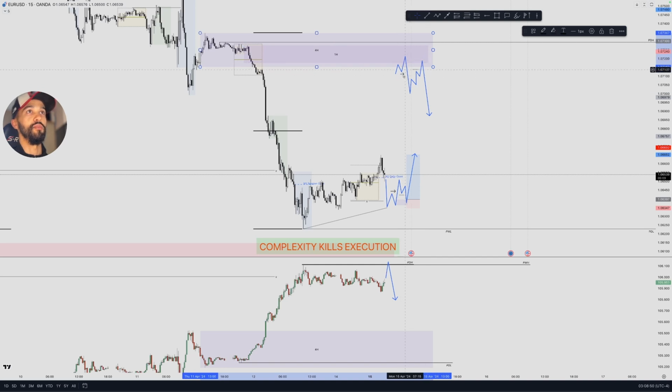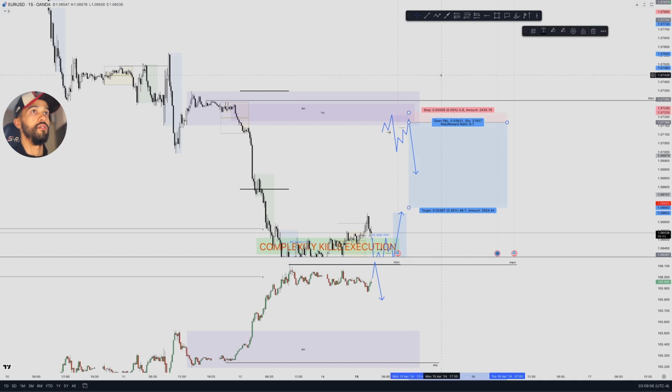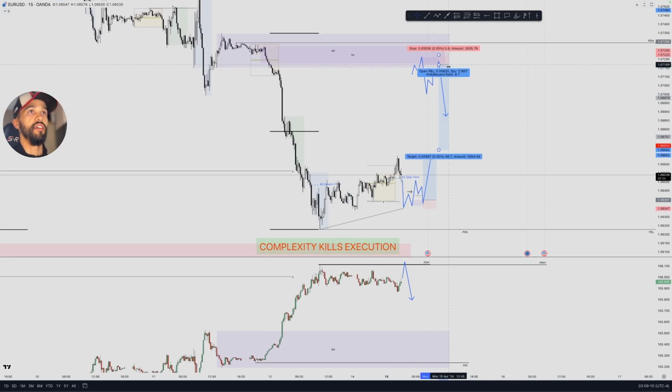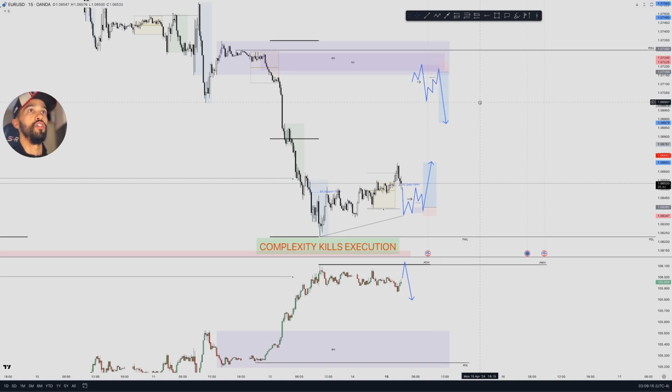This sort of action may not happen until the NY, so we may not actually be able to enter it, but still we're going to draw this out with our stop loss just above the highs, and we could aim for our recent low for 3% or back down to wherever you want.